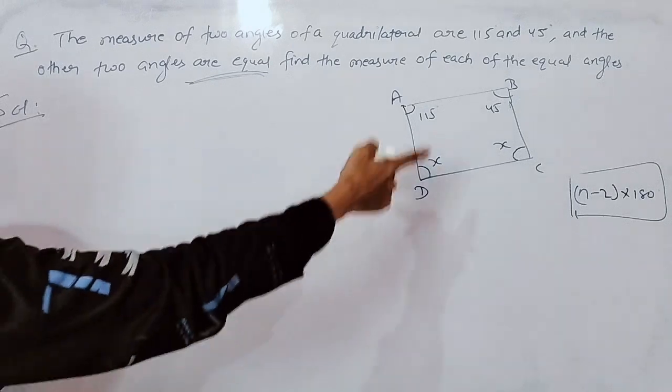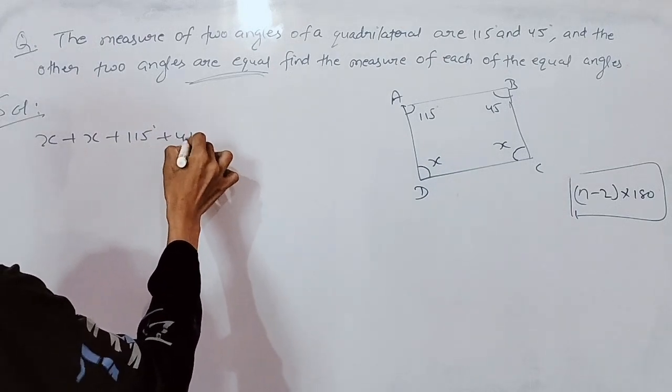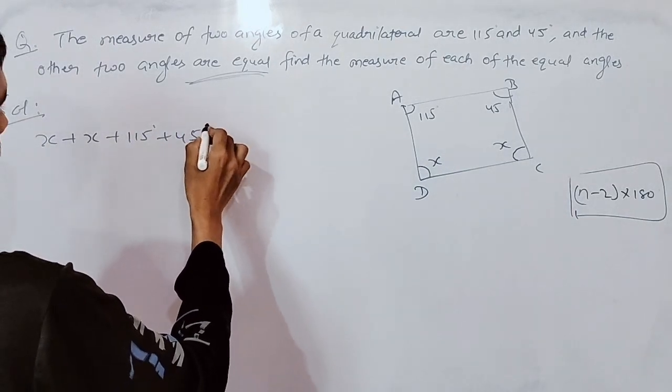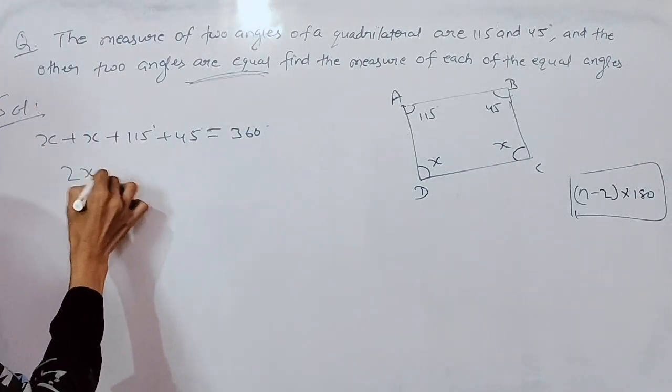Now the sum of x plus x plus 115 plus 45 is equal to 360. Clear? This is a linear equation.